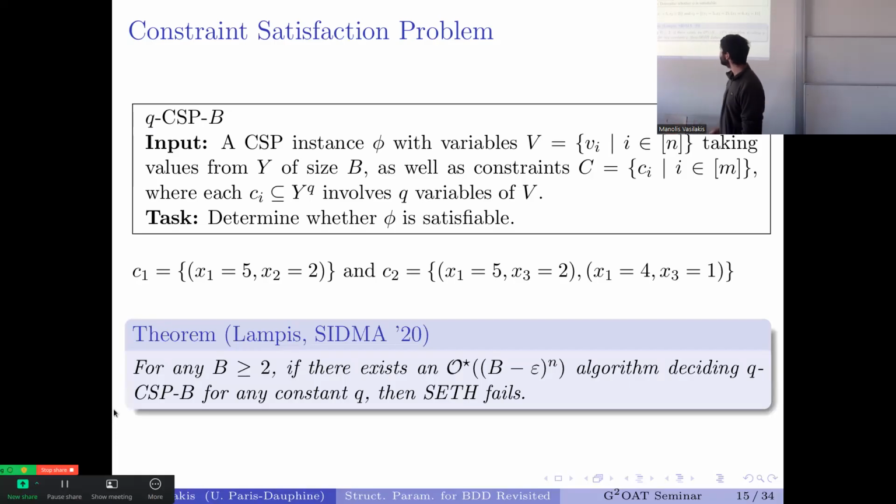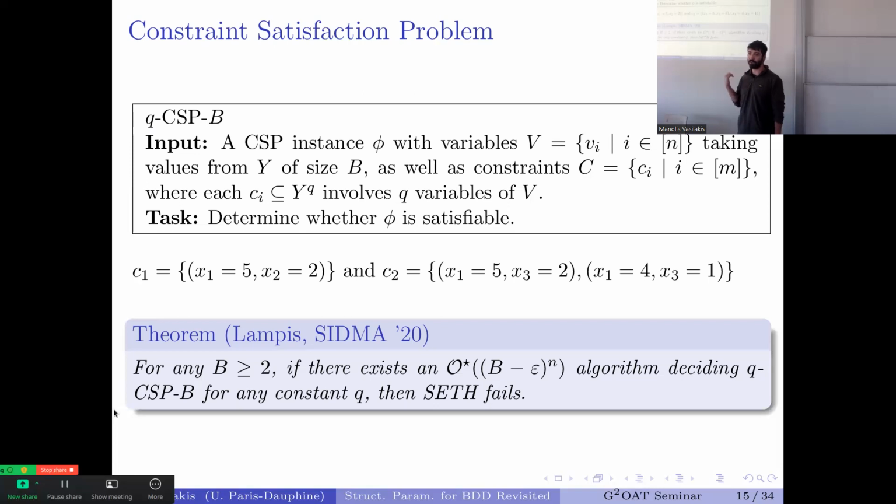There is this theorem by Michael that allows us to simplify the reduction a lot. And in a sense, it's very useful for the base of the exponent. Instead of starting from a SAT instance and then doing some gadget so that you encode a group of variables of some specific size into this other thing, you can go more straightforward here.